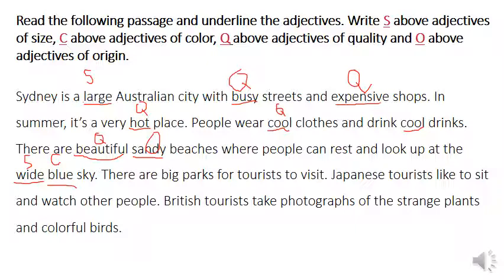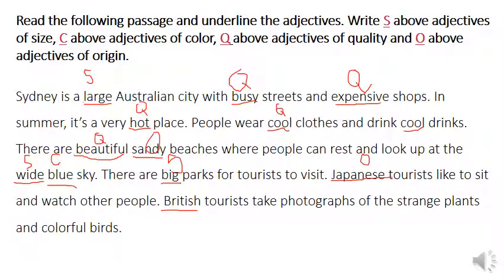There are big parks for tourists to visit. Big is an adjective, it's describing the parks and it's telling about its size. Japanese tourists like to sit and watch other people. When I say Japanese, it means this is an adjective and I'm talking about the origin of someone. So it's an origin adjective. British tourists take photographs of strange plants and colorful birds.